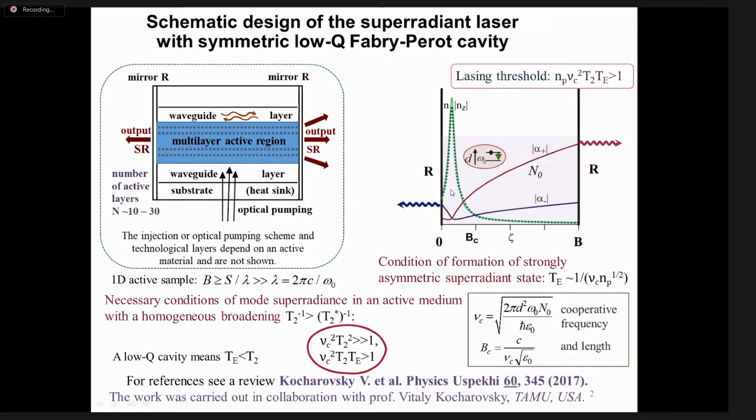And this population inversion grating makes it possible for the reflections from this end of the cavity to be stronger than the actual reflections of the Fabry-Perot mirror.